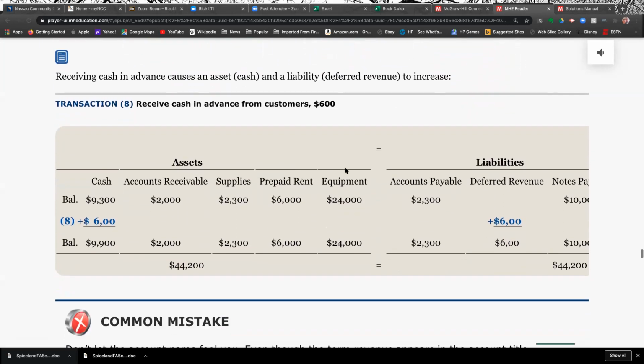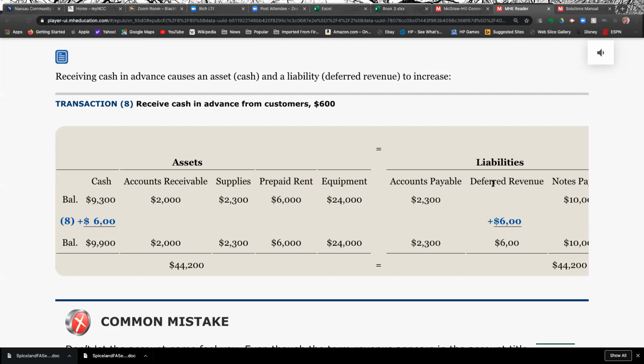So what happens? Receive cash in advance from customers. You're going to increase cash, right? If the customer gives you cash, you have to increase cash. Here's that thing I was talking about earlier, deferred revenue. Now, when you see those two words, what does it mean? Revenue, we know what that means, right?